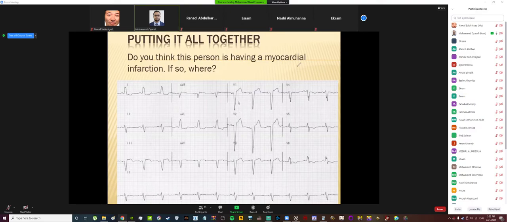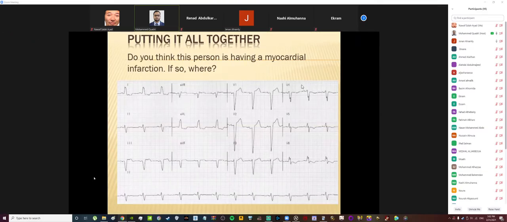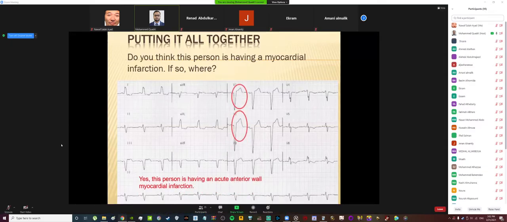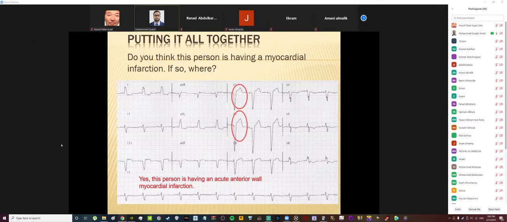Only V1 and V2. So which myocardial infarction are you talking about? Anterior myocardial infarction, V1, V2, mainly septum. Well, you're right, acute anterior, or specifically you can say the septal myocardial infarction.